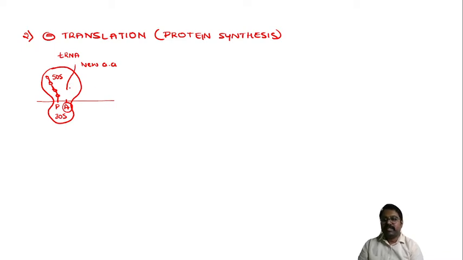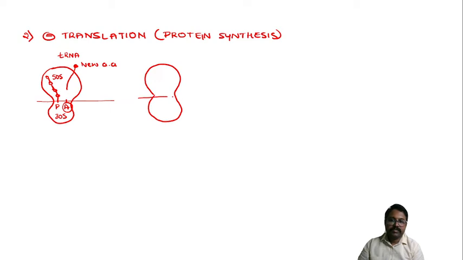So following the attachment of the new amino acid into the A site, so this is P, this is A. The next process will be the formation of a peptide bond, which will attach the peptide chain to the new amino acid that has been attached to the A site with the help of tRNA.